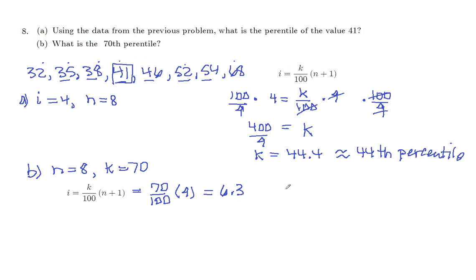So our 70th percentile is going to equal the average of the 6th and 7th value. So we're going to take the 52 plus the 54, whoops, I wrote 52 again, 54, and we're going to divide them by 2. And that'll give us 53. So our 70th percentile is 53.